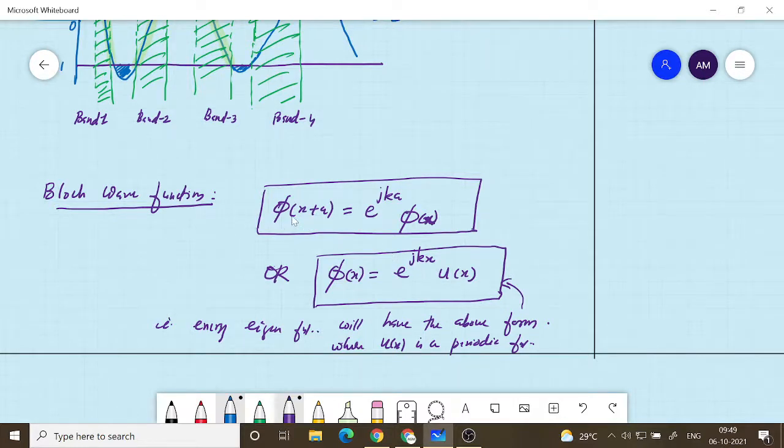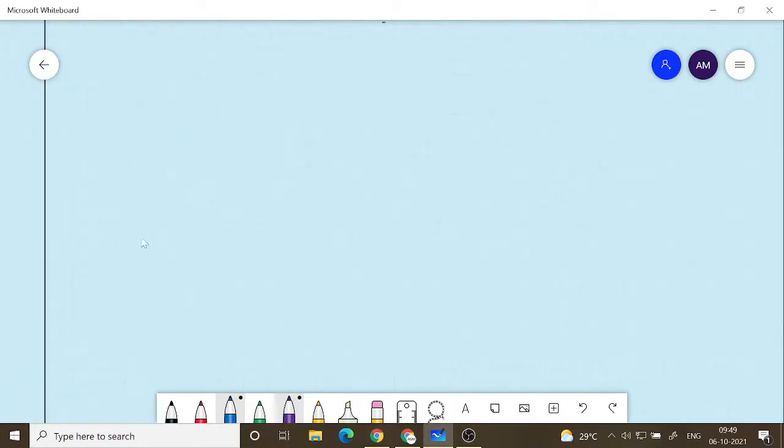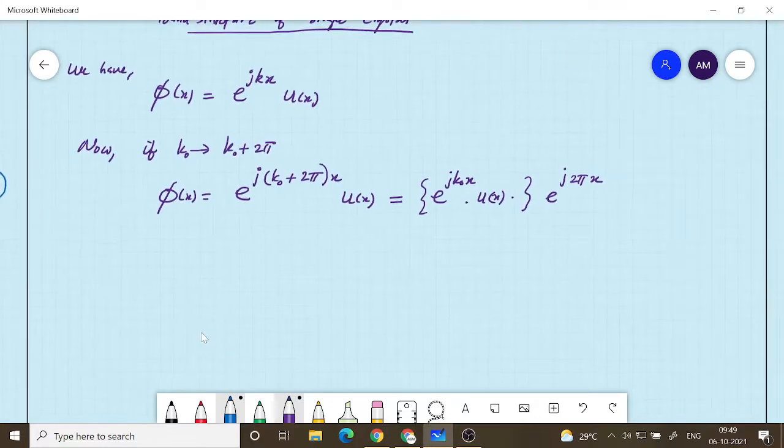So alternatively, phi of x plus a is basically e raised to j k a into phi of x.